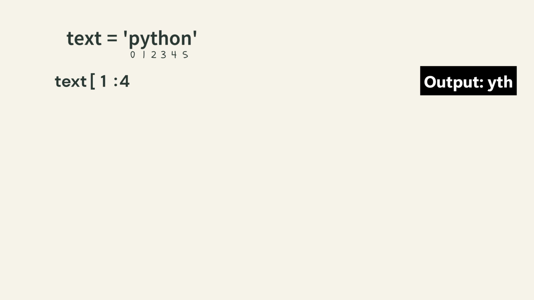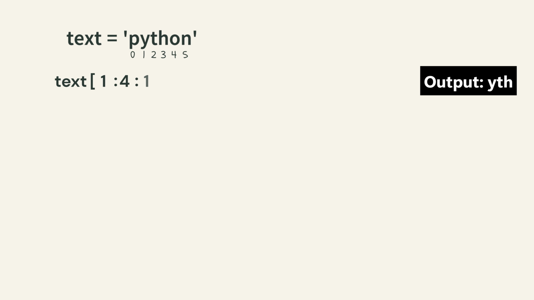And then again a colon. The next section is step. Step tells us after how many steps I need to include the next character. By default, the value is 1, which means after every step you include the character: after Y, take 1 step, T, take 1 step, H. So this is by default 1.